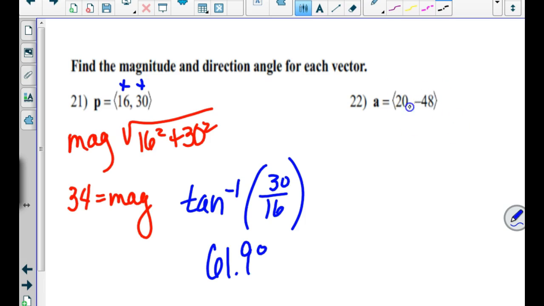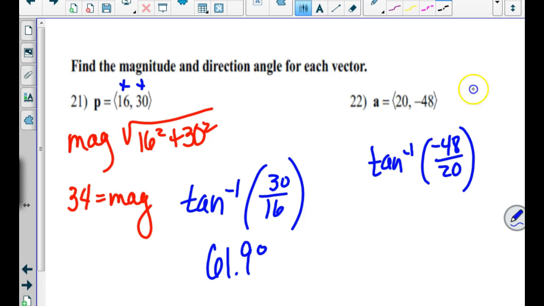If you were doing this one over here, and you did inverse tangent of negative 48 over 20, what quadrant is that in? Positive 20, negative 48 is down here, right? So when I do inverse tangent of negative 48 over 20, I get negative 67.4 degrees.